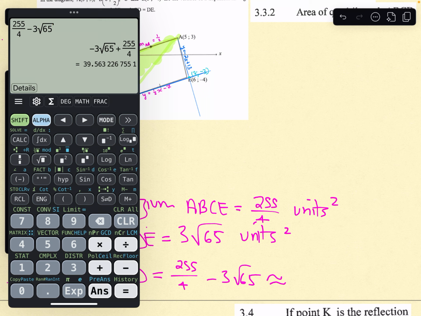Like, hi, guys, why are we getting negative areas now? So to 2 decimal places, that will be 39.56 units squared.